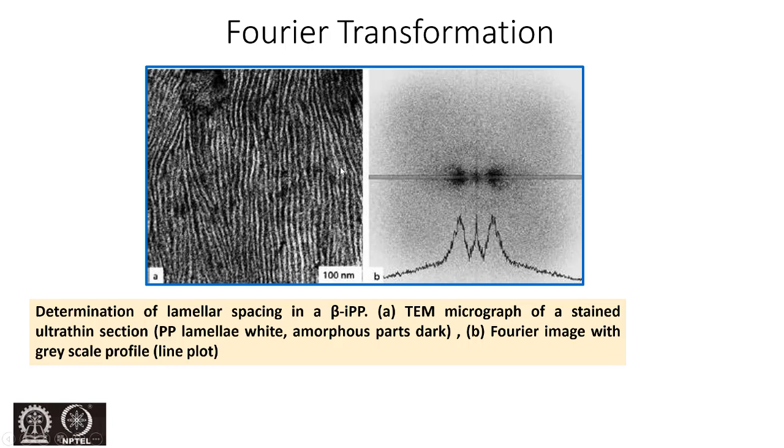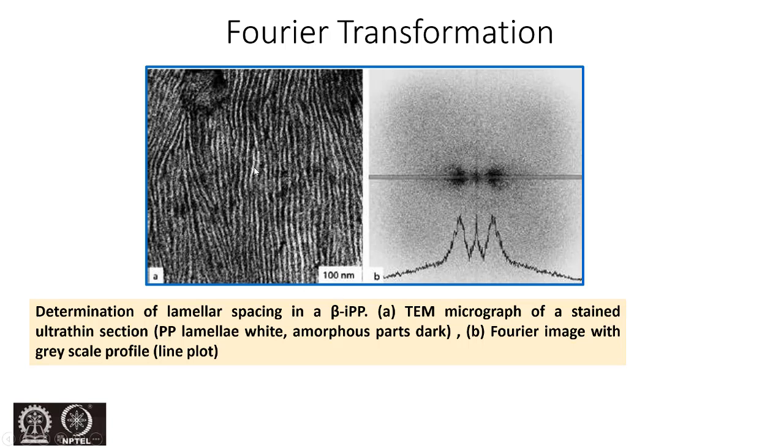And Fourier transform. The Fourier transform also can be done using this image software. As we can see, if we want to see the spacing between these two, we generate a Fourier transform image of this, and then we can check the spacing from this grayscale profile. After the processing we will be able to observe a very accurate gap.